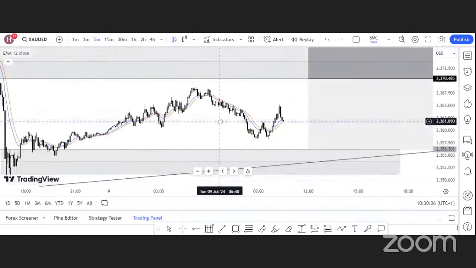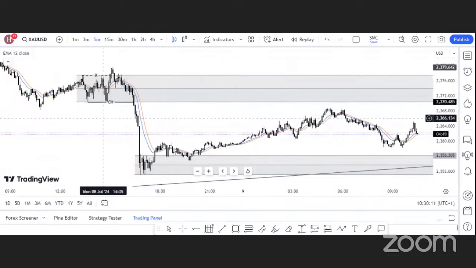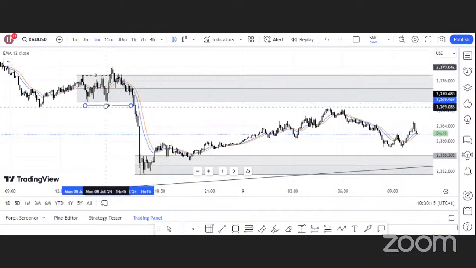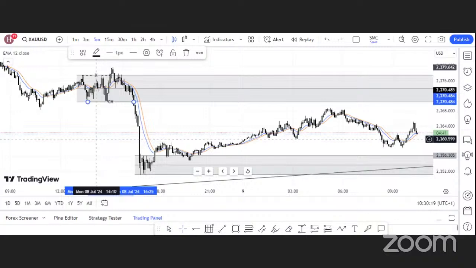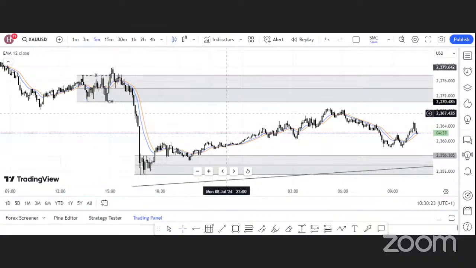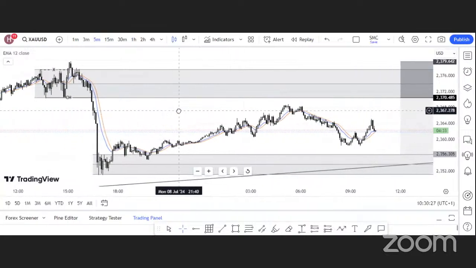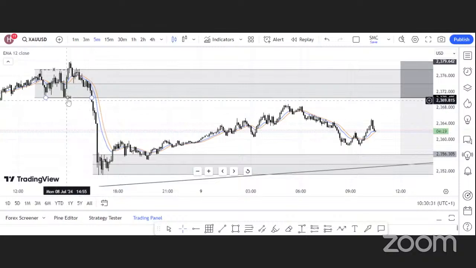I expect a drop from this level, and as you can see on the lower time frame, we have a purge of liquidity and a change in market structure, which is our change of character.